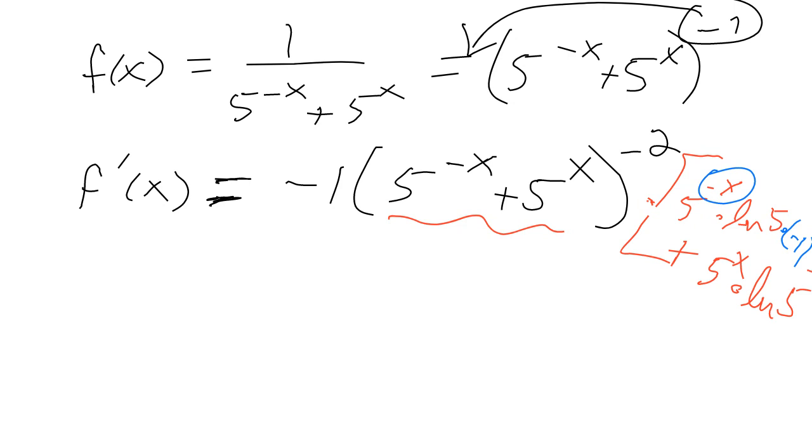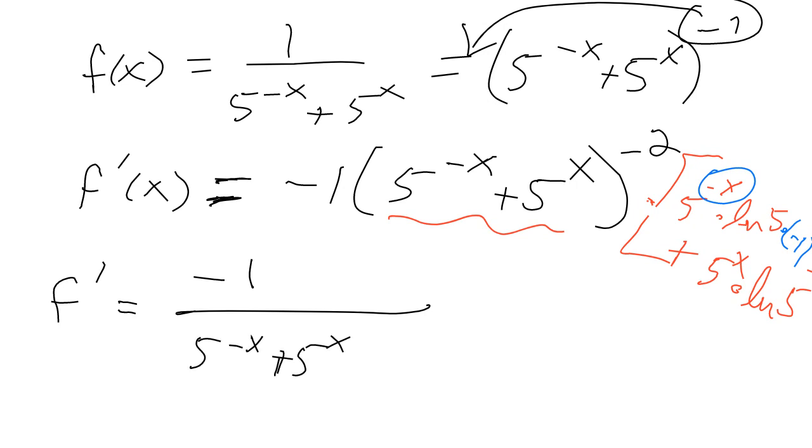So anyway, now let me try and rewrite what f prime is then. So f prime is going to equal, I've got a -1 on top. I'm going to take the next part to the denominator, and it's going to be 5 to the minus x plus 5 to the x, quantity squared. Whether they're, by the way, these are all positive numbers, but then we're quantity squaring it, right?